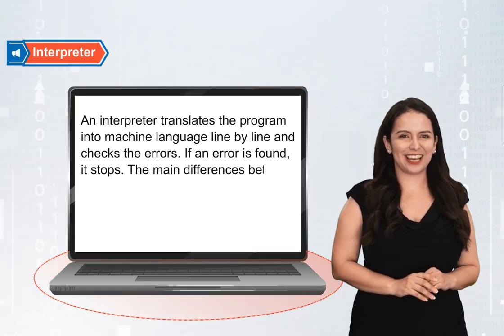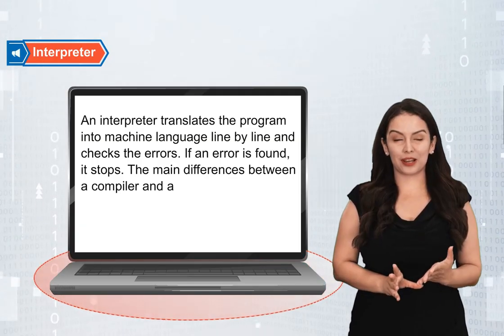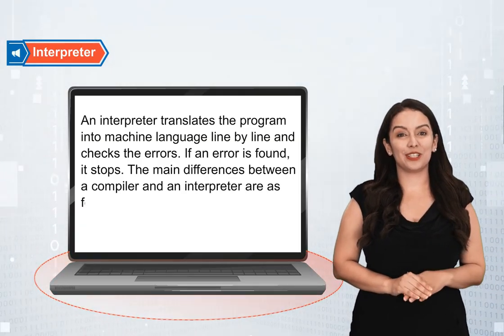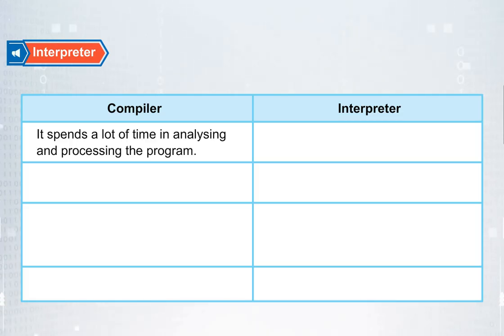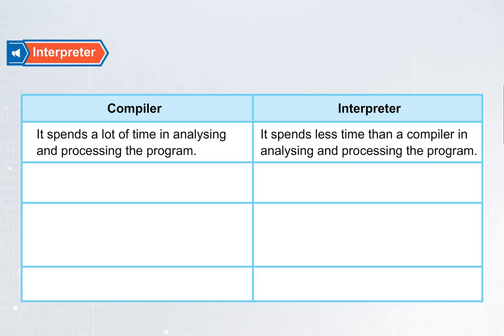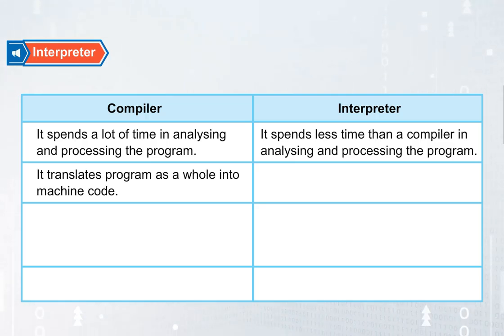The main differences between a compiler and an interpreter are as follows. Compiler: it spends a lot of time in analyzing and processing the program. Interpreter: it spends less time than a compiler in analyzing and processing the program. Compiler: it translates the program as a whole into machine code.